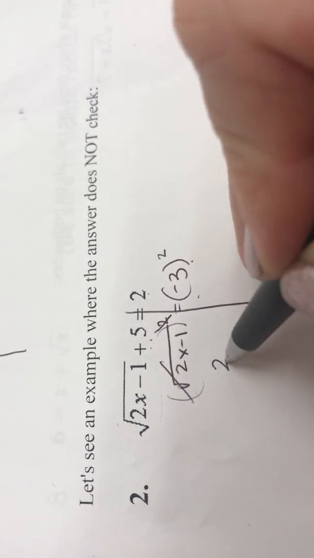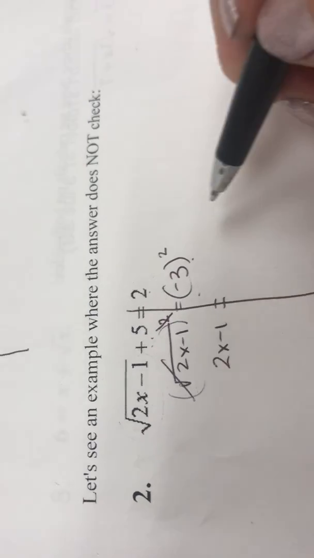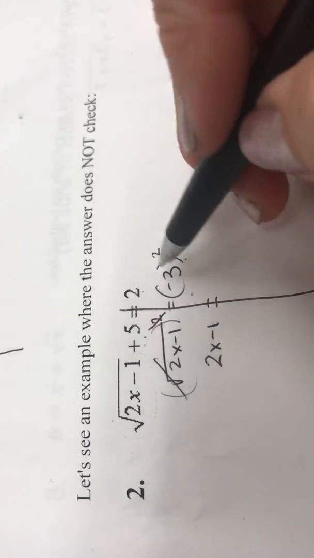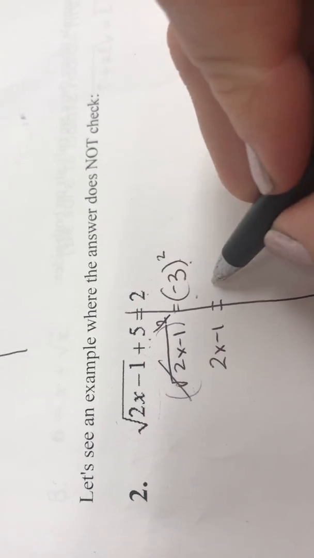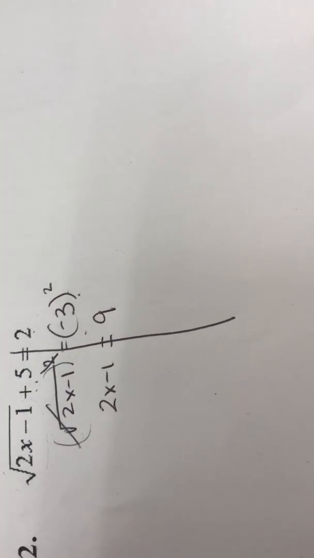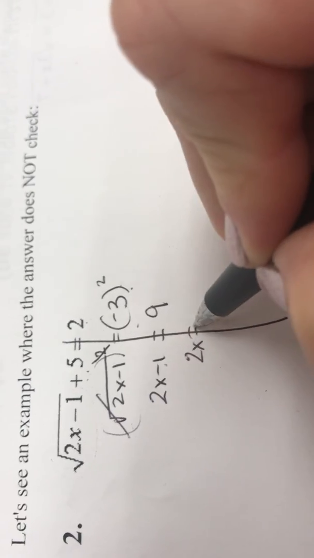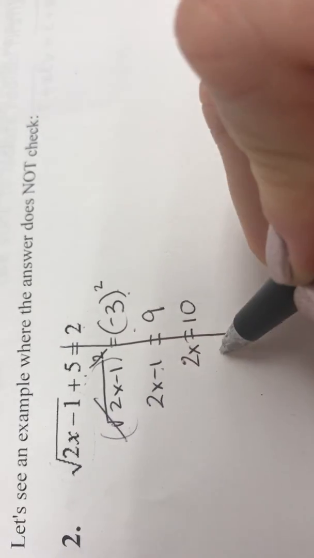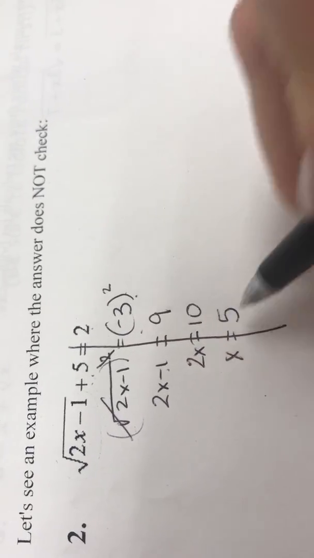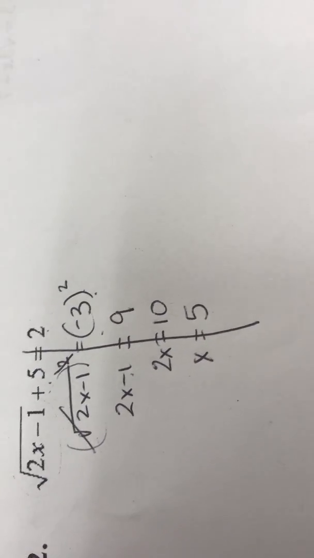The square root and square cancel. I get 2x minus 1. This side, making sure of the parentheses, we know that that is a positive 9. Add the 1 to both sides. Divide both sides, and I get x equals 5, okay?